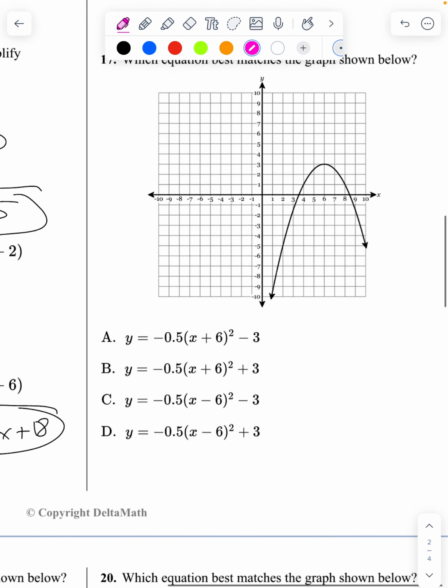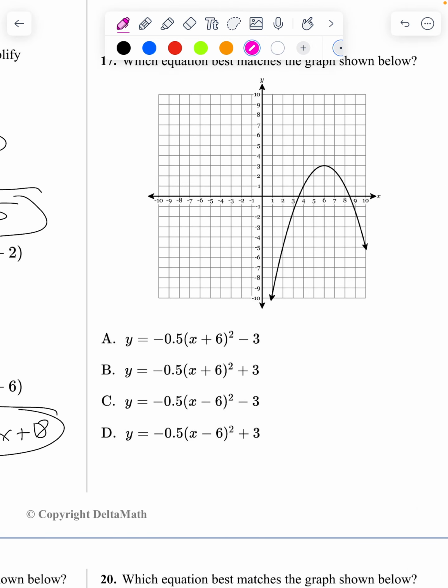I look at 17 here. This is written in vertex form, so I look at the vertex. It's at 6, 3. The very first step until I can get to like a nice point. From the vertex, I'm looking to see where it crosses, and it's right here.